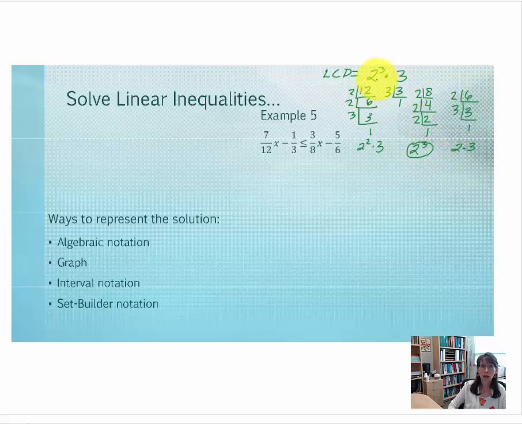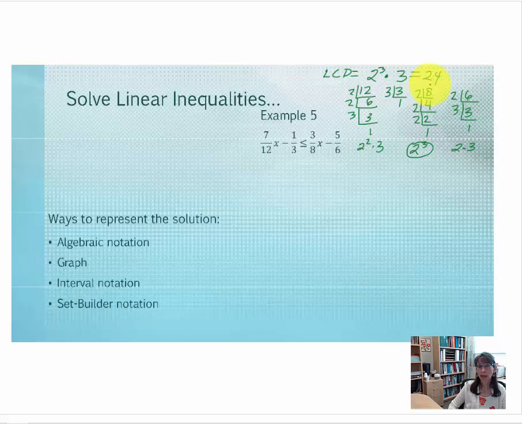So I need to include the highest power of 2. Now we'll compare all our factors of 3. 3 to the first power, 3 to the first power, 3 to the first power. All of them are 3 to the first power. So 2 times 2 times 2 makes 8 times 3, which is 24.